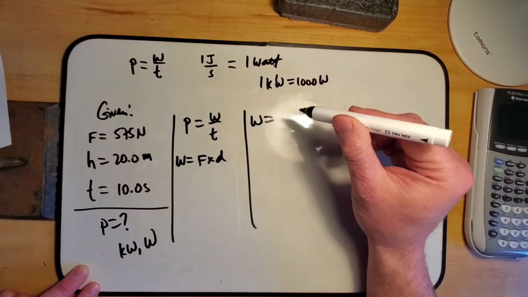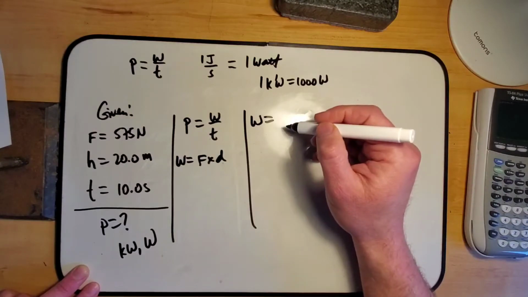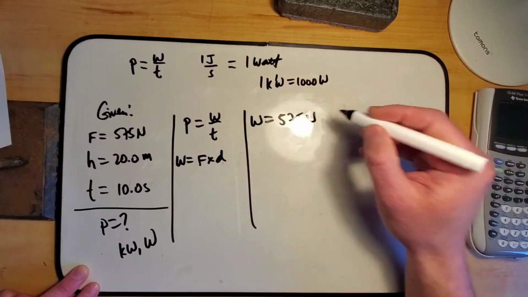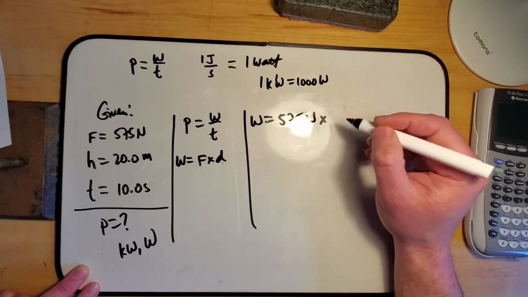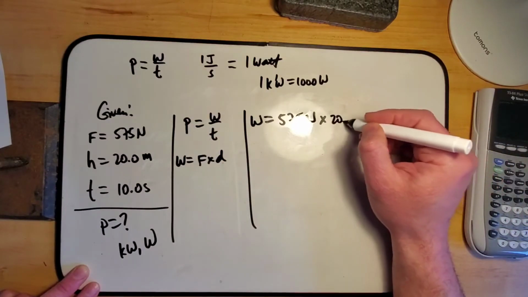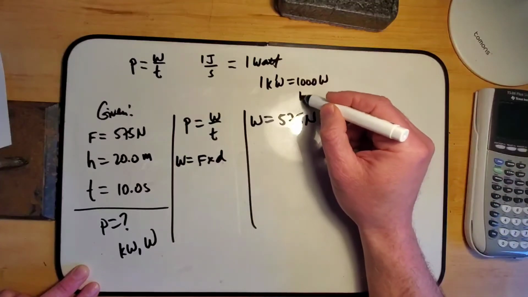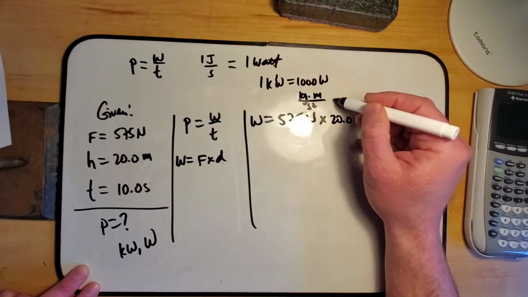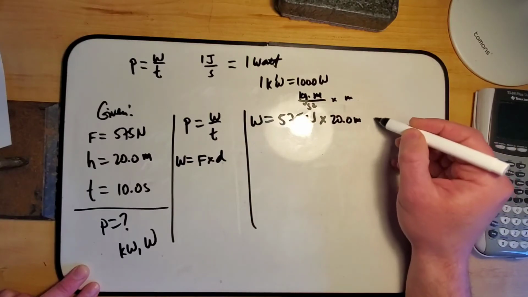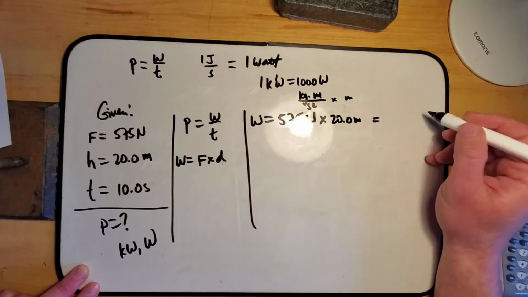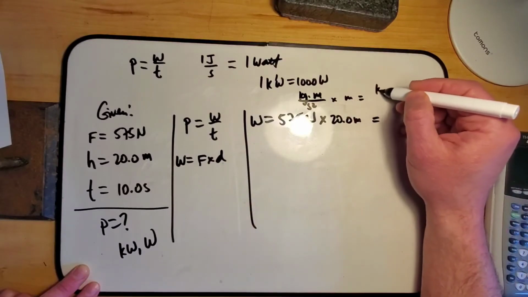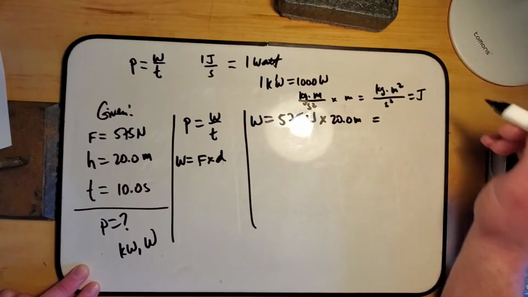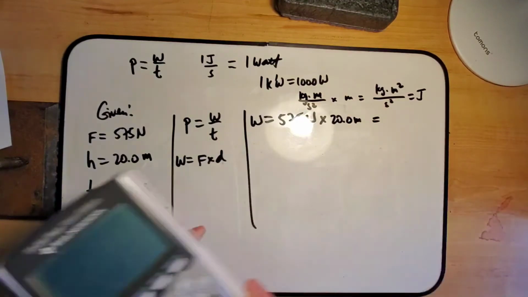So the work here is equal to the force, 575 newtons, times the distance that this object was moved upwards, 20.0 meters. And again, a newton is a kilogram times meter over second squared, times another meter, so the units will be kilogram meter squared over second squared, which is nothing else than a joule.